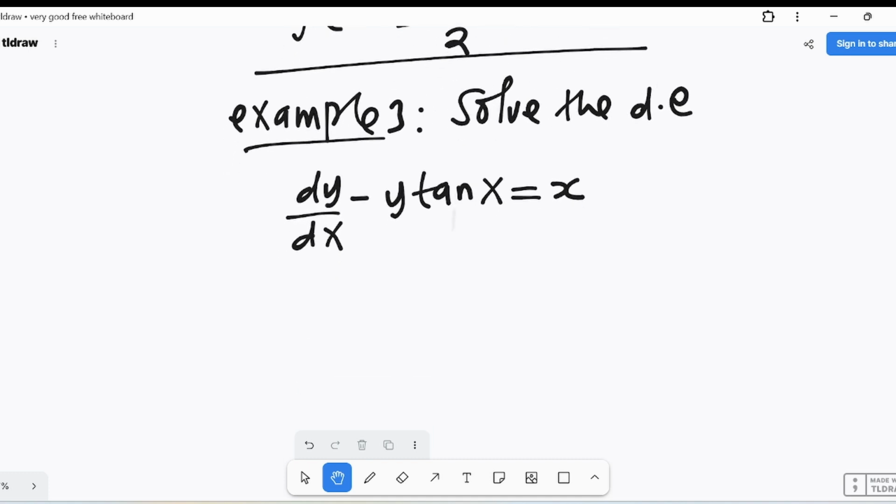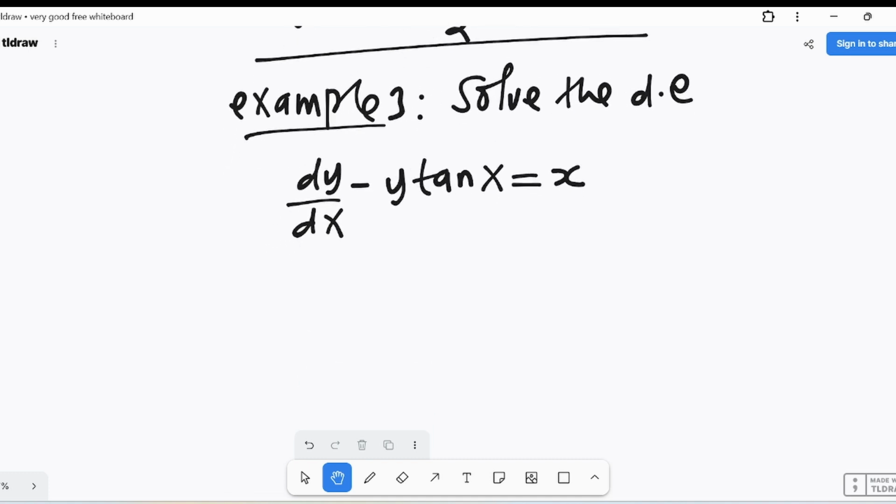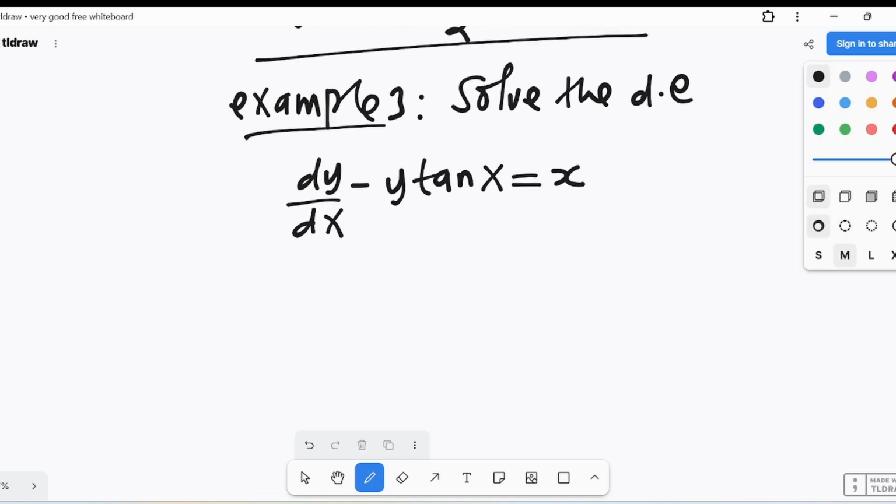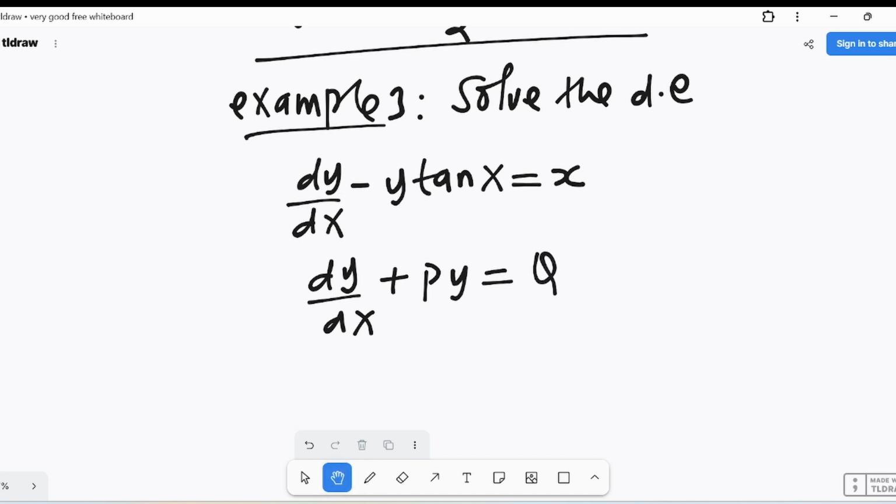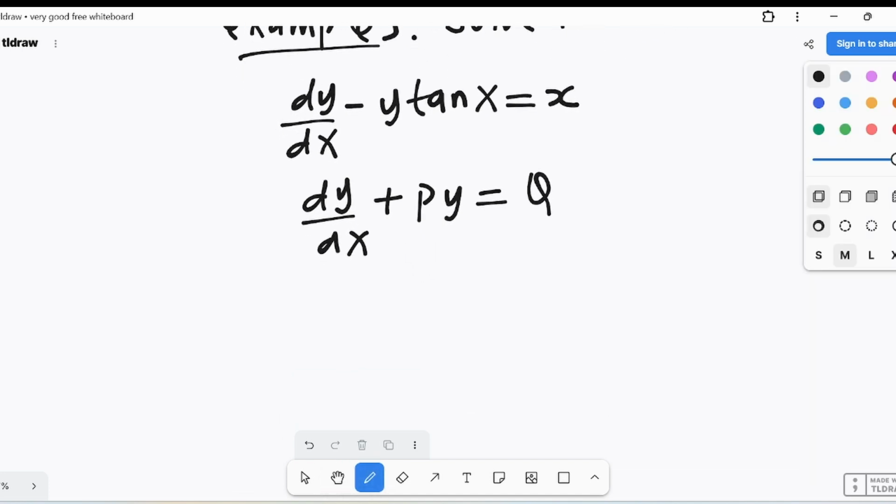So now what is our p from here? Comparing it with our general form, dy by dx plus p y is equal to q. So we have our p as negative tan of x.